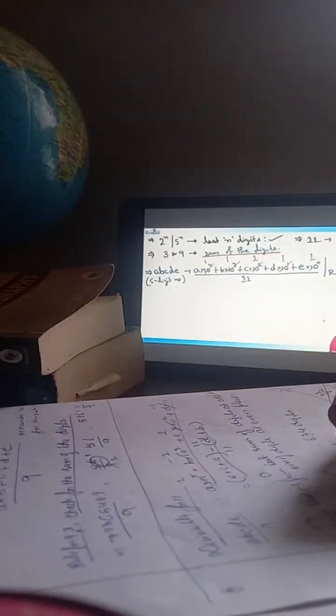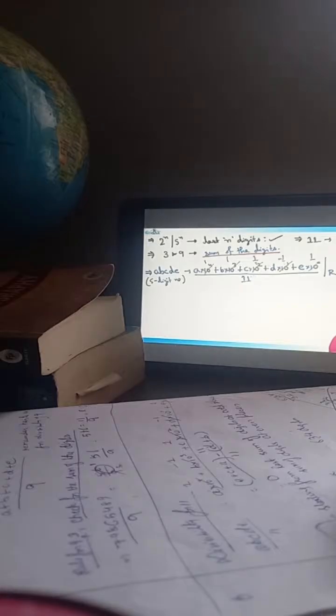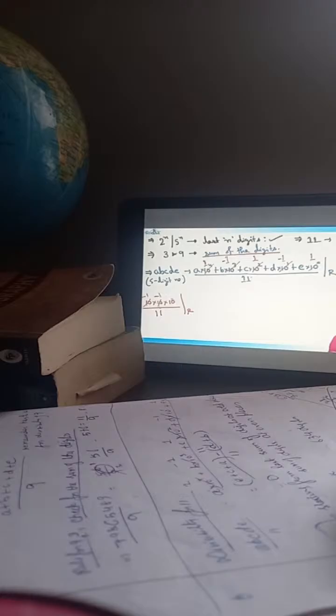In this case, a negative remainder will come into the picture. 1 by 11, the remainder is 1. 10 by 11, the remainder is minus 1. 100 by 11, plus 1. 1000 by 11, minus 1, because 10 into 10 into 10, minus 1 times minus 1 times minus 1, is minus 1.